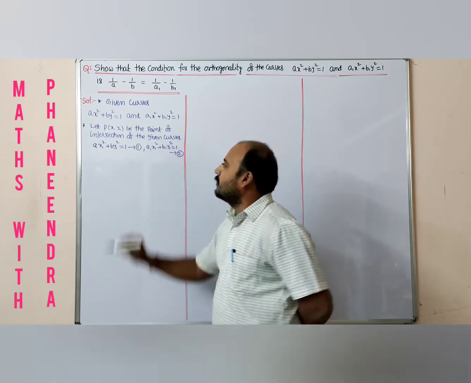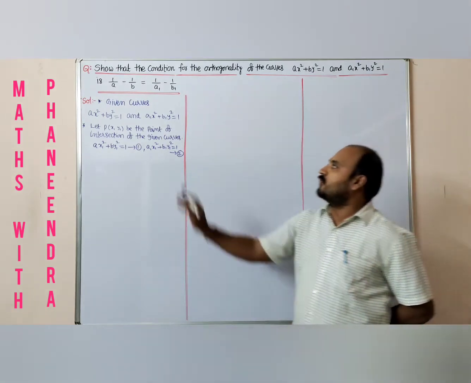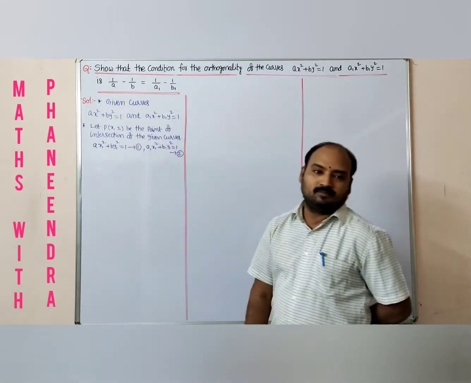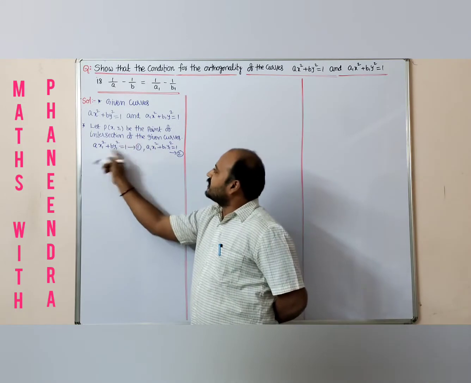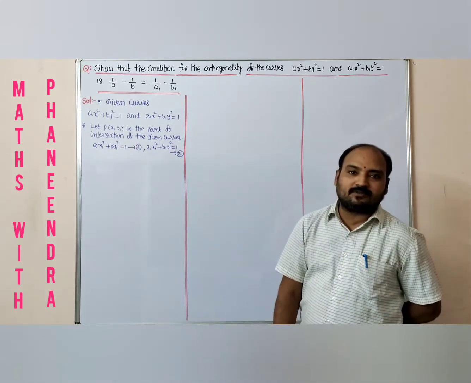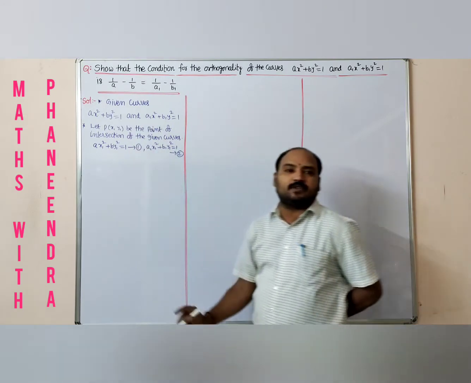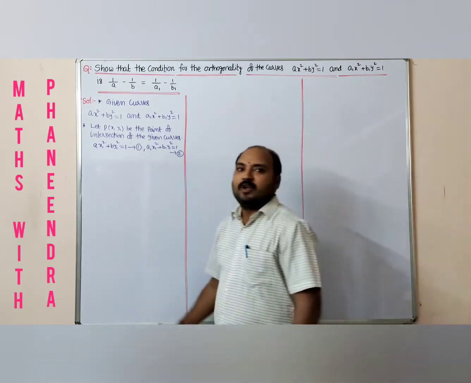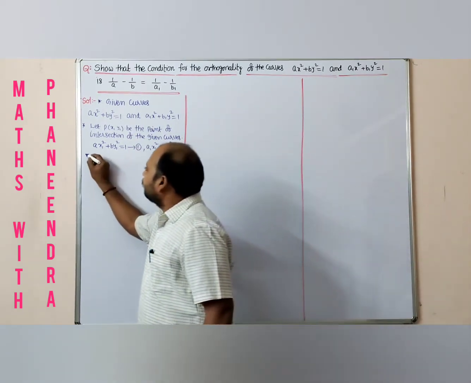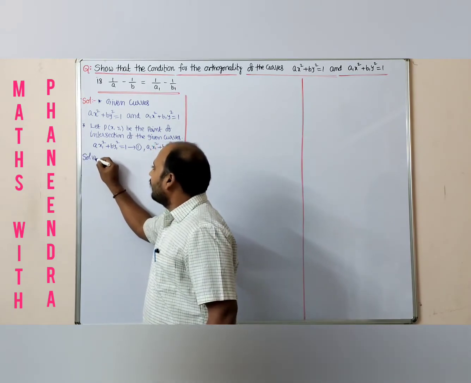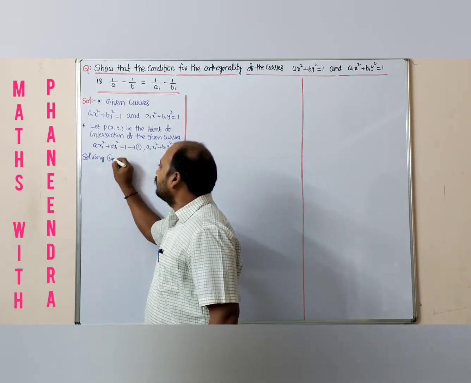Keep that as equation number 2. So first curve, second curve. The point of intersection of these two curves will be x1, y1, and these curves will become equation 1 and equation 2. Now solving 1 and 2.